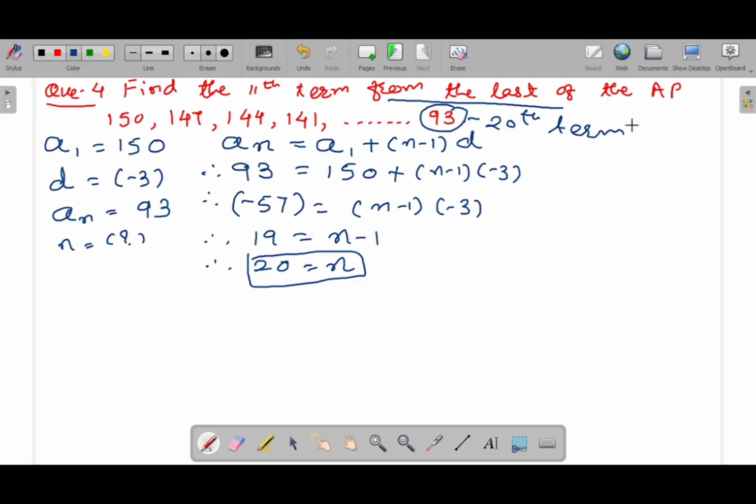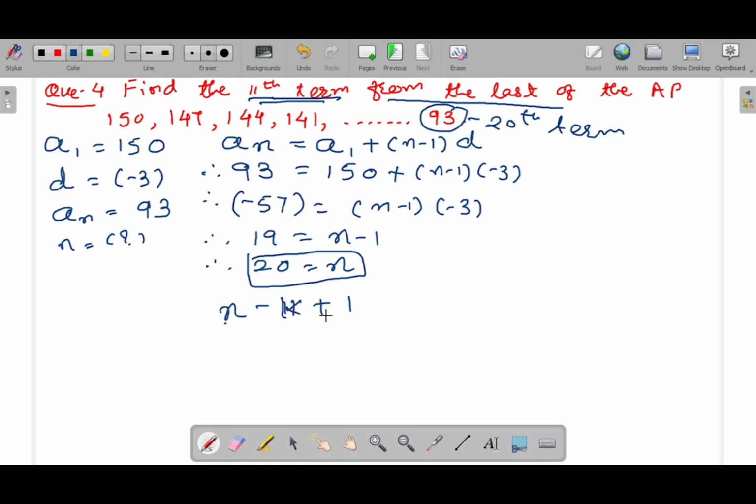Now many students do the calculation by hand: 20, 19, 18, 17, 16 and like this. And sometimes they make mistakes in calculating the 11th term from last. So for that I'm giving you this: if you want to find the 11th term from the last, you have to find n minus 11 plus 1. You can consider 11 as k.